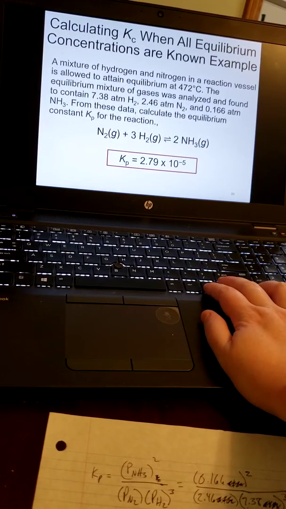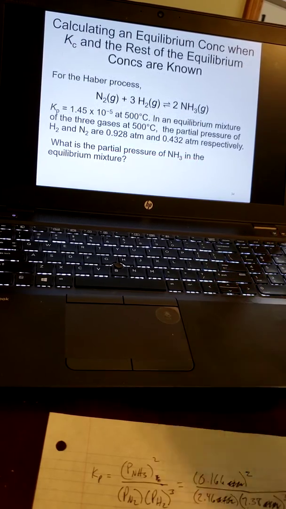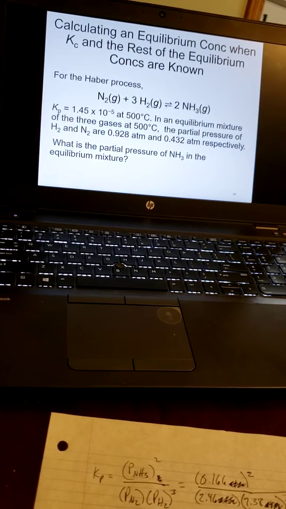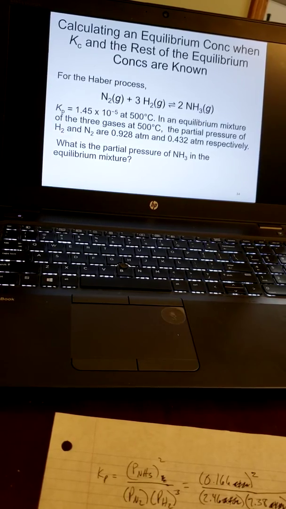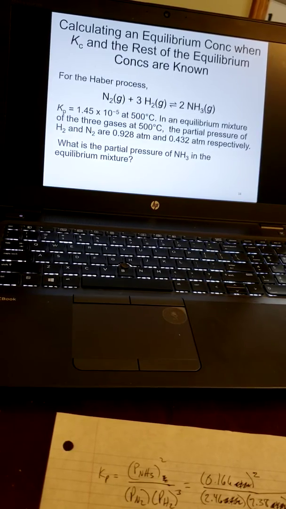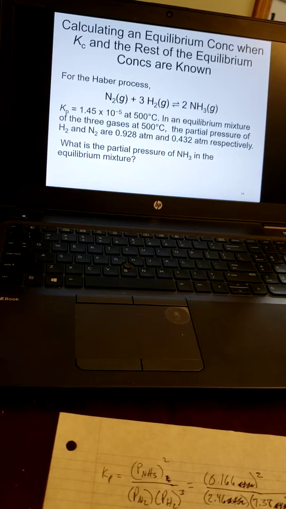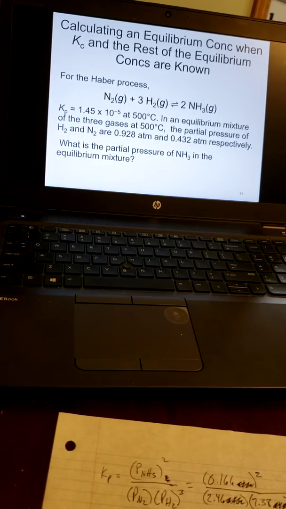The temperature changed, and the value of K changed, which should be correct, right? Because K is temperature dependent. So we're looking at a new temperature and a new K, and they give us the partial pressures of hydrogen and nitrogen. They tell us that hydrogen is 0.928 atmospheres and nitrogen is 0.432 atmospheres. They're looking for the pressure of ammonia.